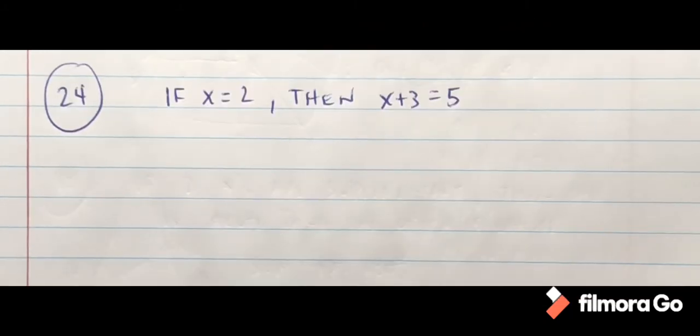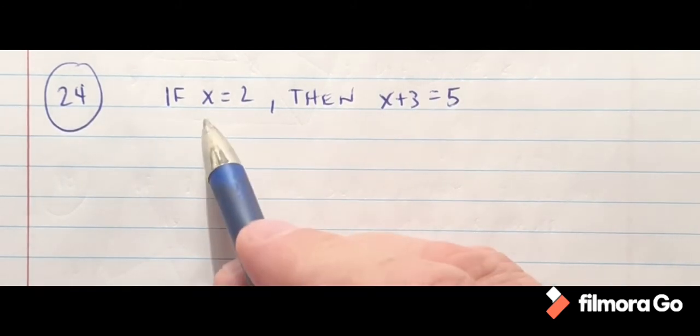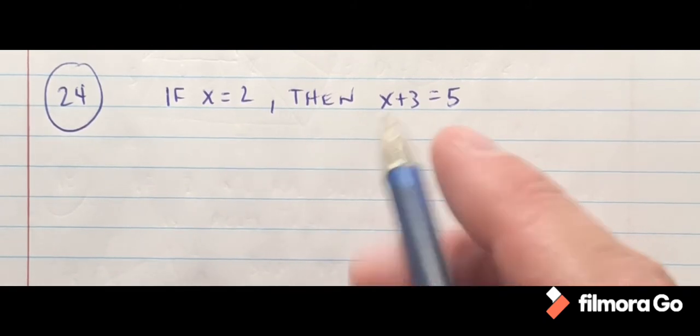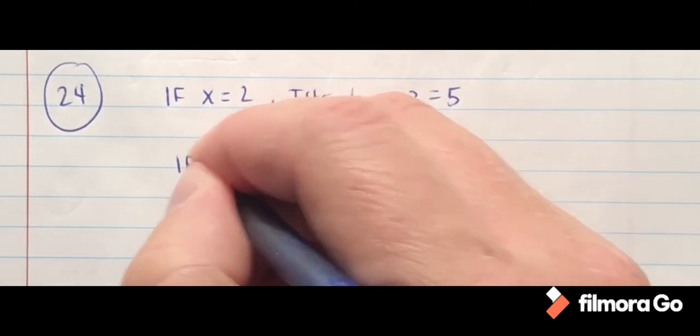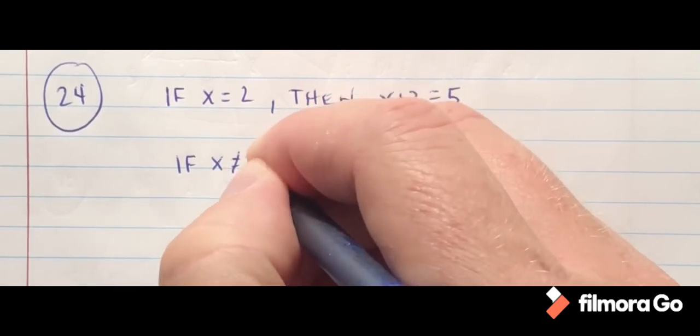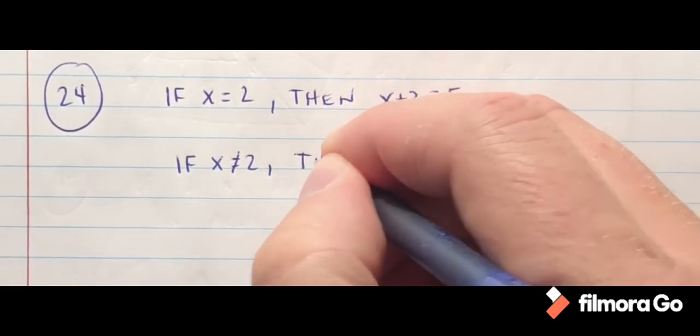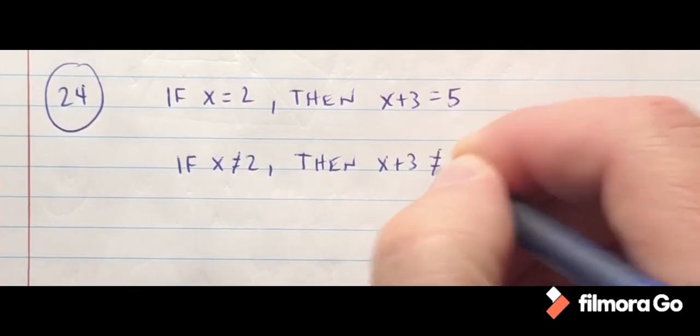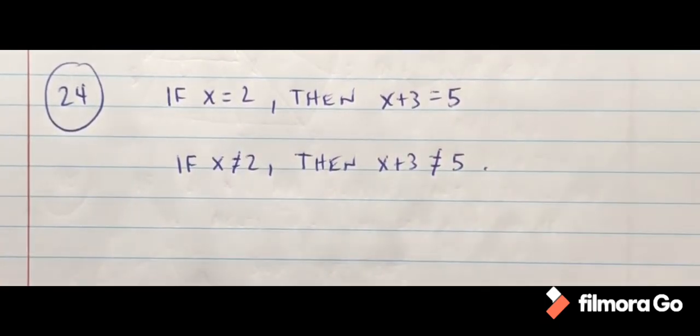Okay, in number 24, they want us to write the inverse of the statement. So the inverse of the statement, remember, is going to be the negation of the first, then the negation of the second. So I could say if x does not equal 2, then x plus 3 does not equal 5. And that would be the inverse.